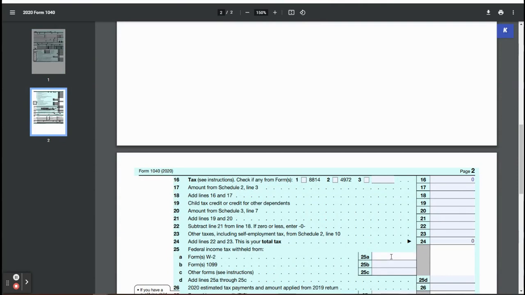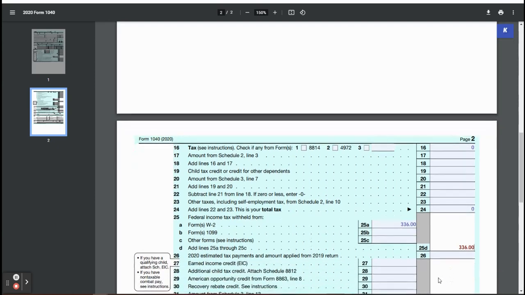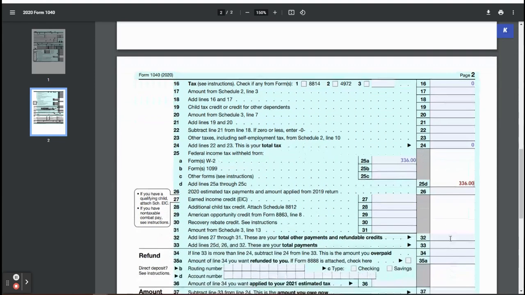But he paid, and this is from box 2 on your W-2, $336 in federal income taxes already. And so carrying this number over onto the lines that it needs to go on, he was required to pay 0 taxes, and he made a total of $336 in payments.